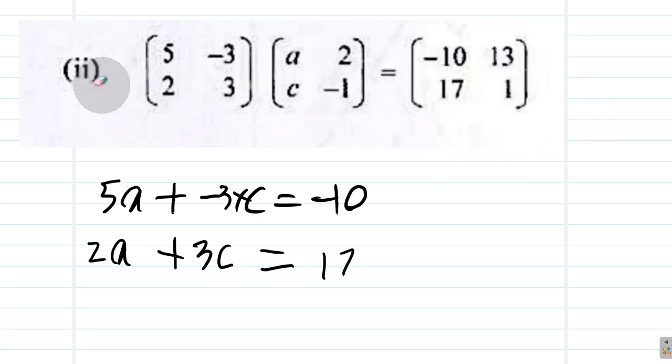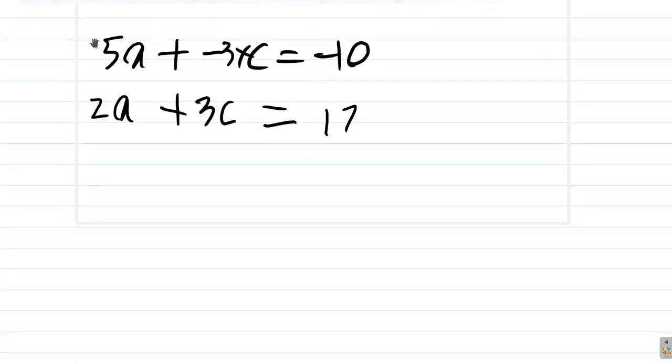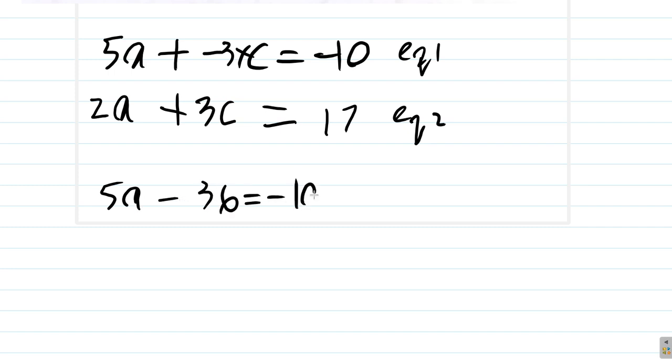Alright, so now, let's call this equation 1 and this equation 2, because I see that I have a pair of simultaneous equations here. So you have 5a minus 3c is negative 10, and 2a plus 3c is 17.